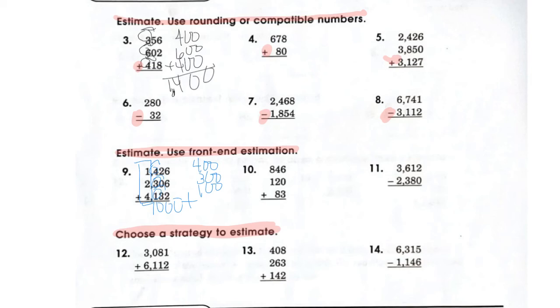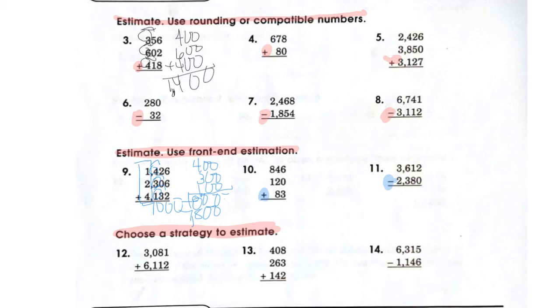Either way is okay. So when I add these up, I get 8. So now I know that 7,000 plus 800 is 7,800. So you're going to do that on the last two problems. Don't forget, this one's add, this one's subtract. Go ahead and pause the video and get the last two problems done.